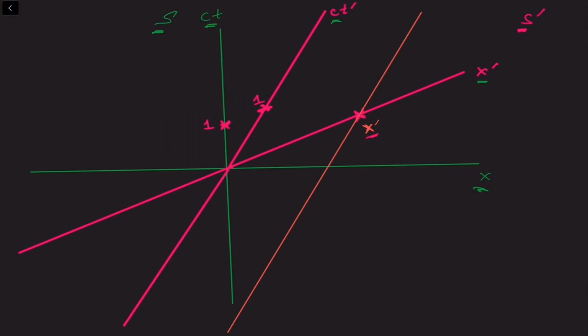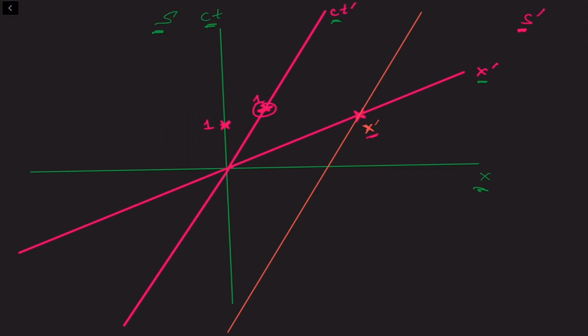And now suppose we want to mark off a unit interval of time for the stationary clock. Now what we could do is take the point that we've identified over here as having a time ct prime of one unit, and we could draw a line which is parallel to the x prime axis.